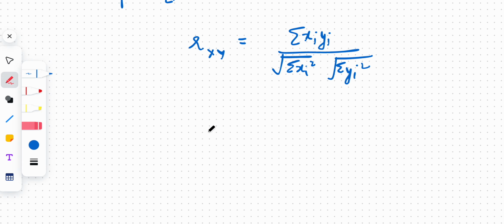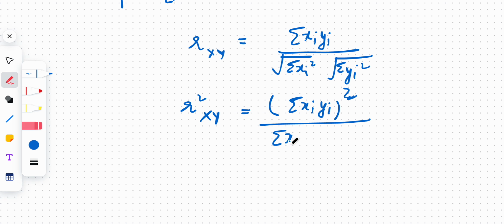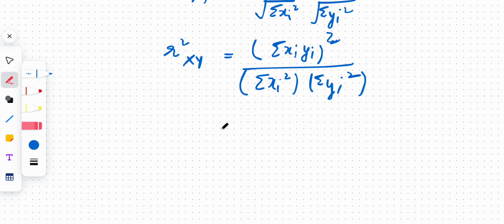Now if I do square of this thing, it will basically become something like summation xi yi whole square upon summation xi square summation yi square. I can also write this, if you know this we will discuss this again, so don't worry, but I'll just put it because we are doing it right now also once.